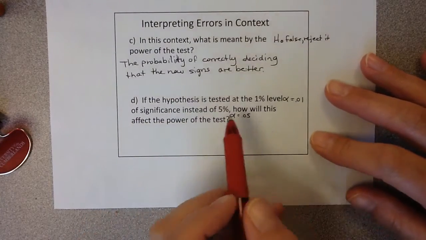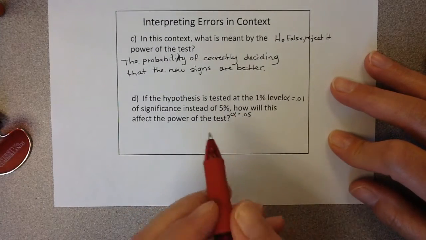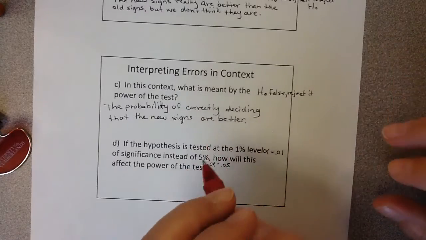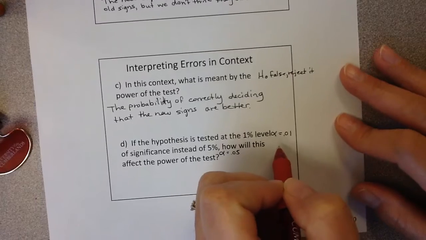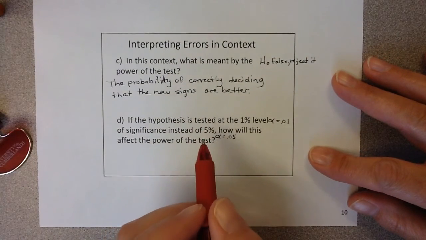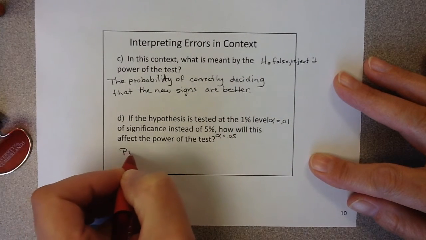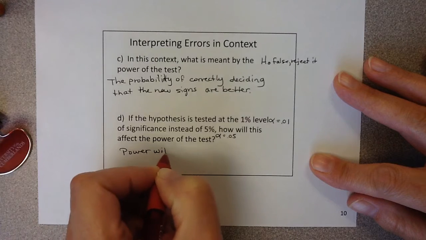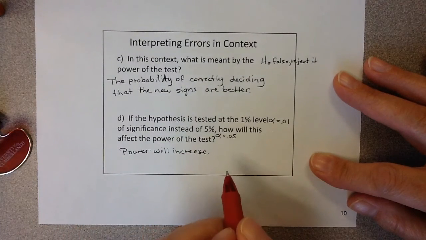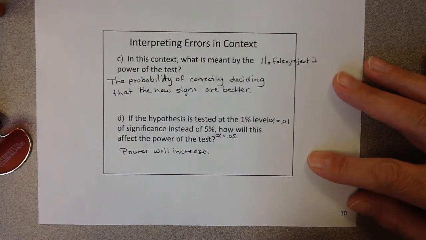If I increase my significance level, that means I have more area in which to do a rejection. So 5% of the samples will be reject zone instead of 1%. So if I have a better chance of rejecting a null, then I have a better chance at power. So the power will increase because I'm more likely to reject the null hypothesis, which means I'm more likely to reject the false one.